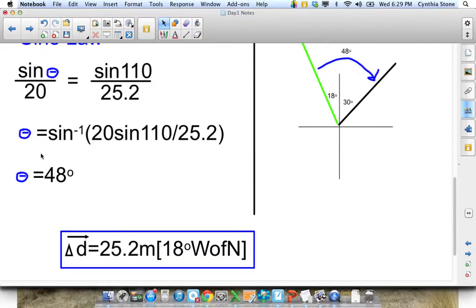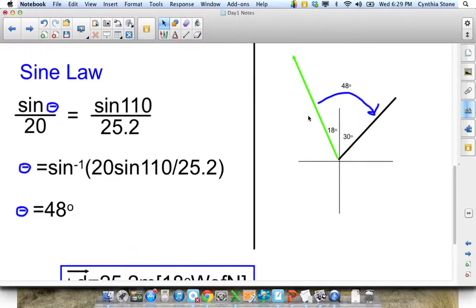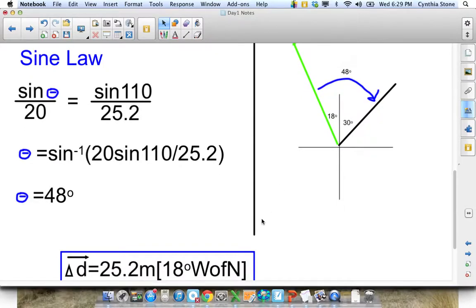And I solve for the angle, and I get 48 degrees. So this whole angle, now I've just sort of zoomed into this one part of my drawing, is 48. So if this was 30, we knew this from before, that makes this 18 because they have to add up to 48. So then my end answer is 18 degrees west of north.